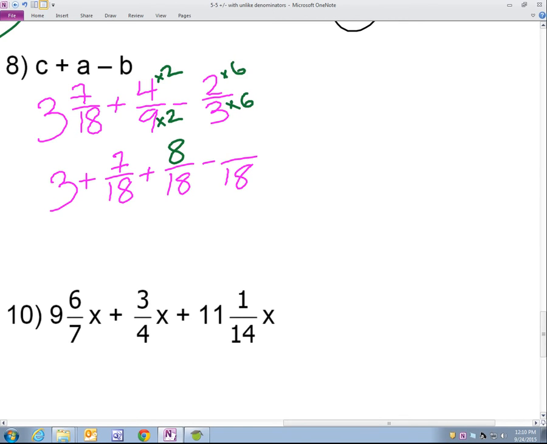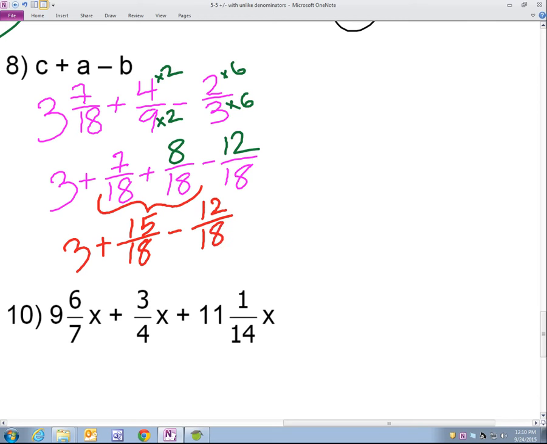So it means I have to multiply 2 by 6. Taking multiple steps, we have 3 plus 7 plus 8 is 15 over 18 minus 12/18. We still have common denominators.